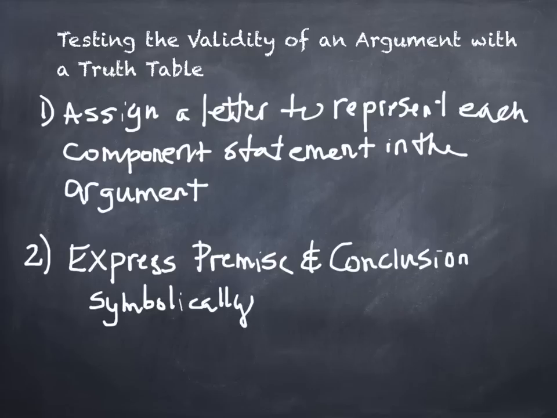So what that means is you're going to take those letters that you picked to represent "she is smart" and "he is silly," or whatever, in part A, and you're going to write those letters in with ands and arrows and tildes and those kinds of components as a symbolic statement, which you have done before.